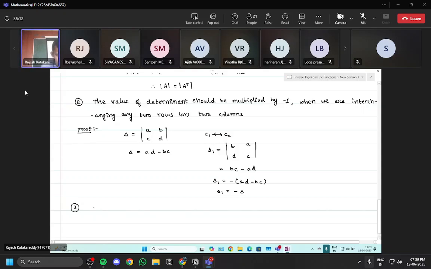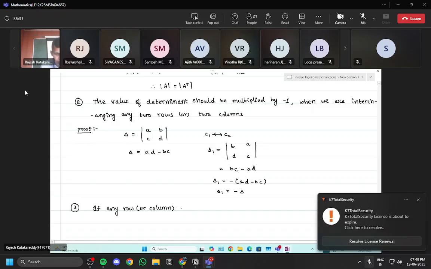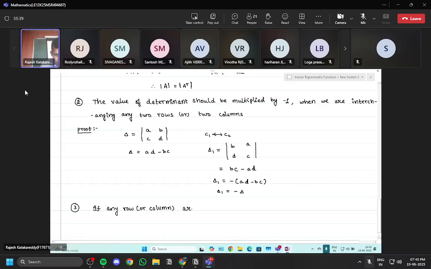Third one, if any row or column are equal to 0, then the value of determinant is equal to 0.